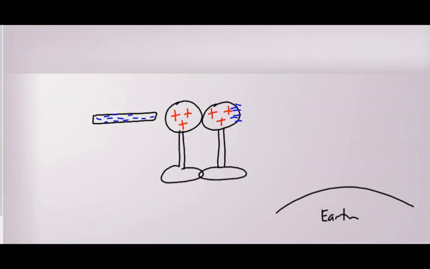And so then my next move was to connect the sphere to the Earth. And when I connected the sphere to the Earth, I made it so that electrons could go even farther. They could actually leave that charged object and move into the Earth. And so now you can see both objects have lost electrons, which means both objects are positively charged.